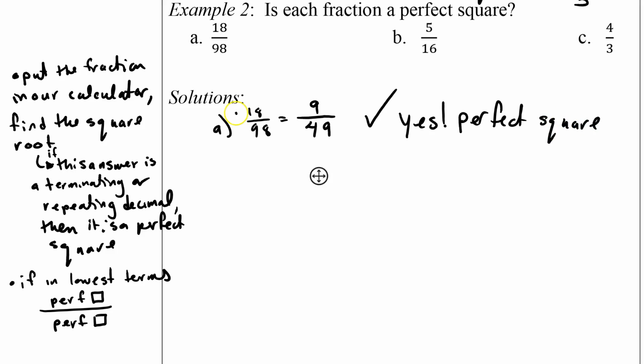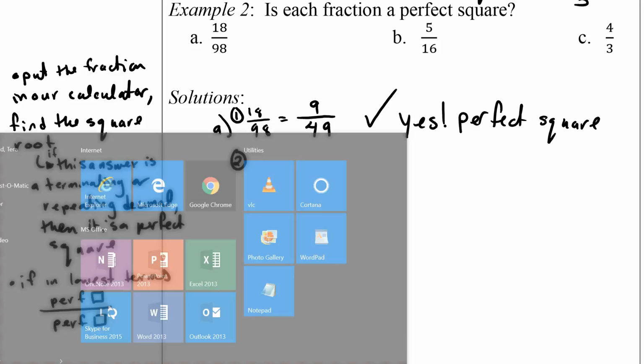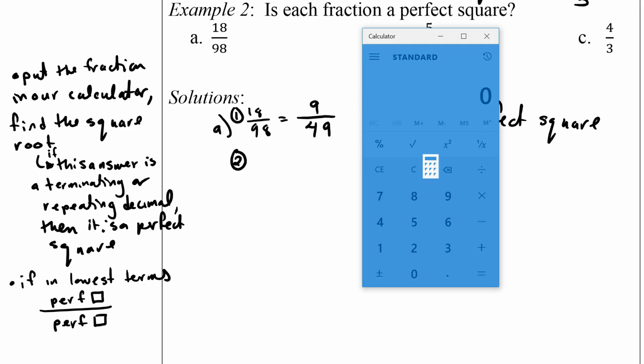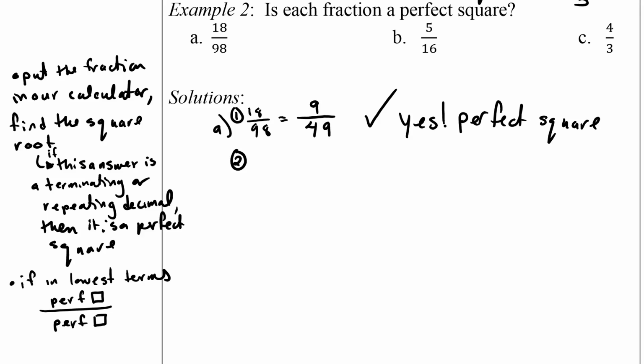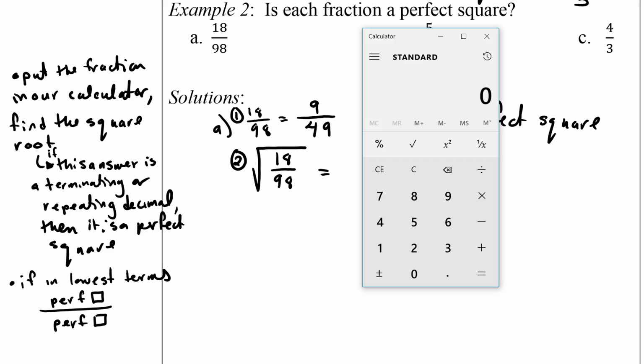Now we're going to call this method 1 because personally I find this one the easiest. But if you feel more comfortable with your calculator, let's see what we can do here. If it's a perfect square, then when I type 18 over 98 into my calculator, I'm going to get a repeating or terminating decimal. So 18 divided by, not 49, but 98 equals.